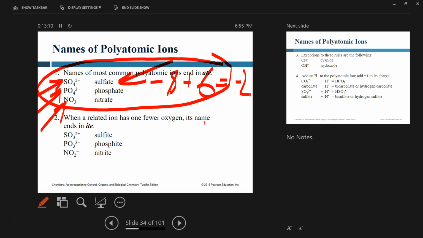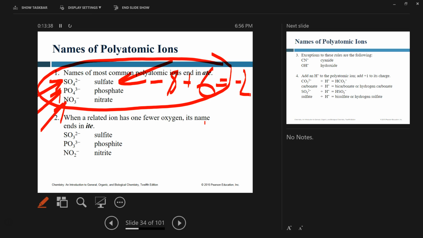You got it? Go ahead. So the sulfur is +6. Where is that number coming from? It's a really good question. Look at your periodic table.